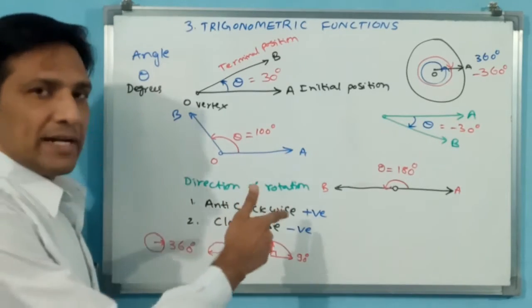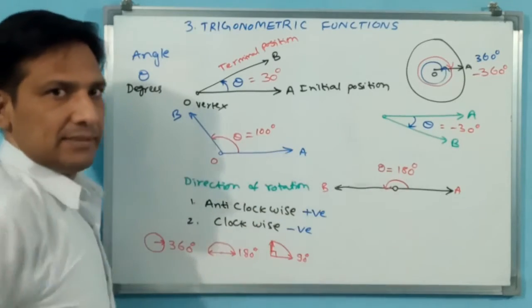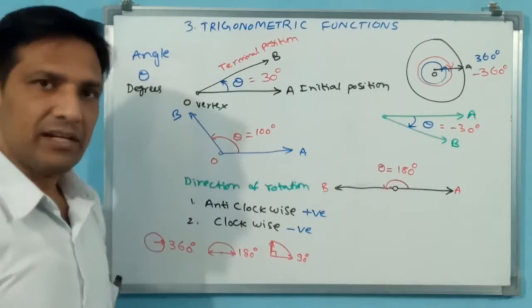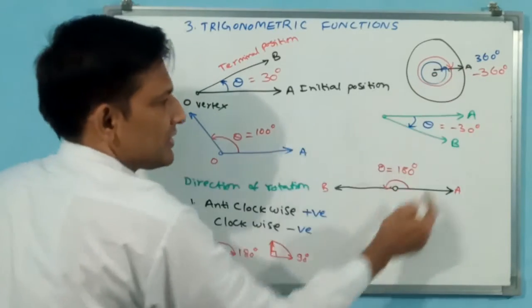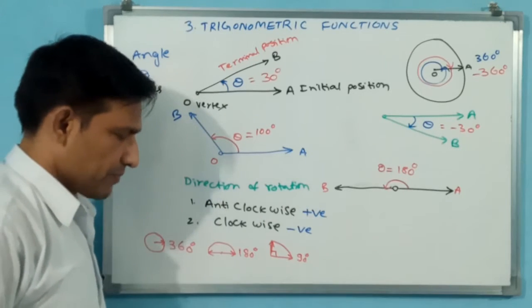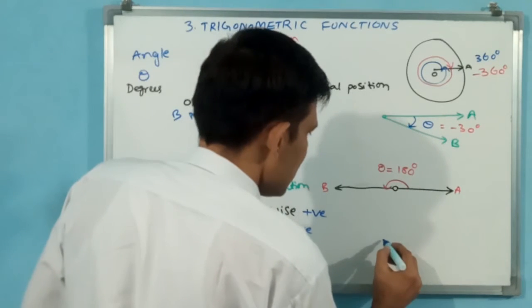Now let us see more angles. Why? Because we have seen here 30 degree, 100 degree, like 180 degree also. 360 degree we have seen and 180 degree we have seen. 90 degree also we will see. 90 degree perpendicularity will be there.